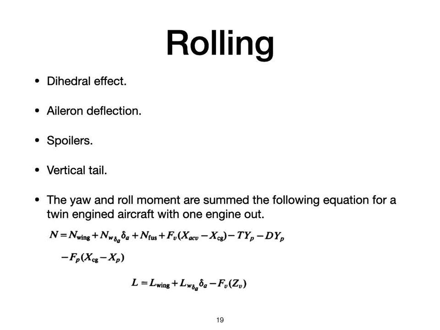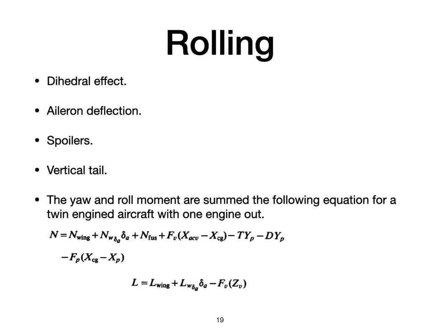The yaw and roll moments are summed in the following equation for a twin engine aircraft with one engine out. So the equation N is for yawing and the equation L is for rolling.